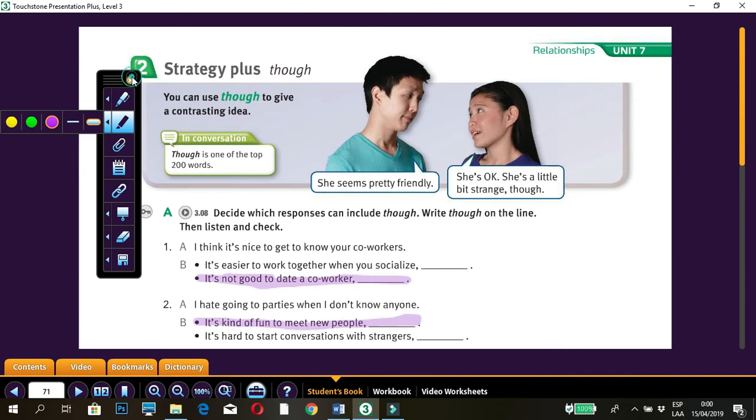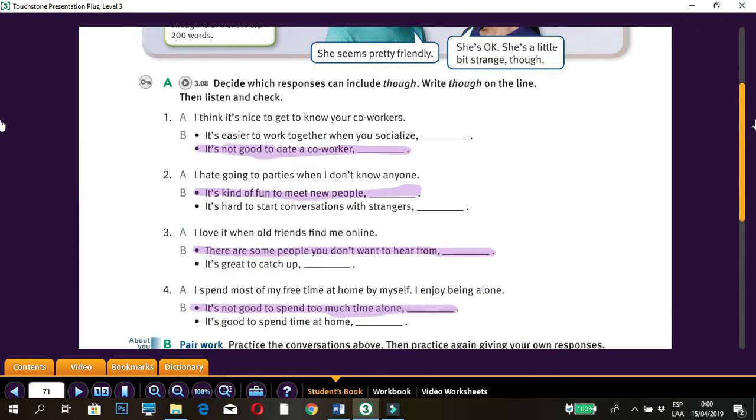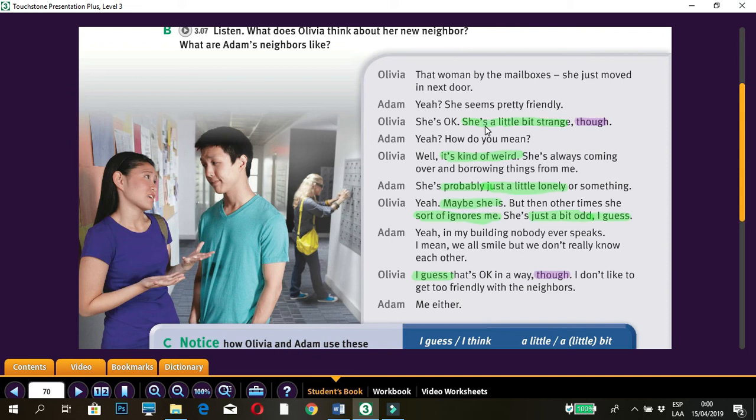So this is another conversation strategy. That's why, for example, here in the conversation we have, she's a little bit strange though. He says, she seems pretty friendly, and she says she's a little bit strange, so it's the opposite idea. Or, in my building, nobody ever speaks. I mean, we all smile, but we don't really know each other.